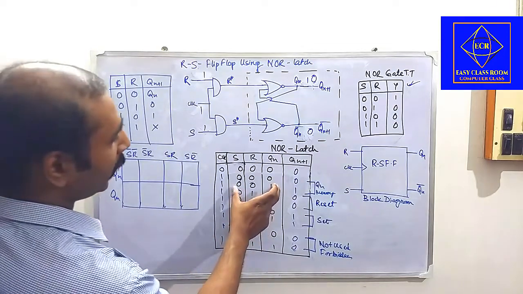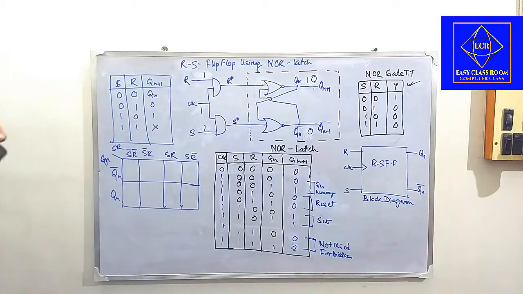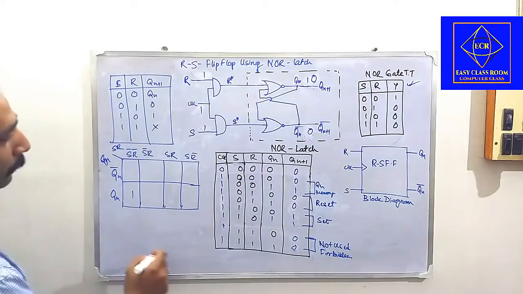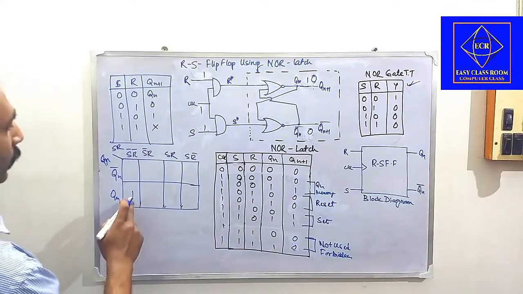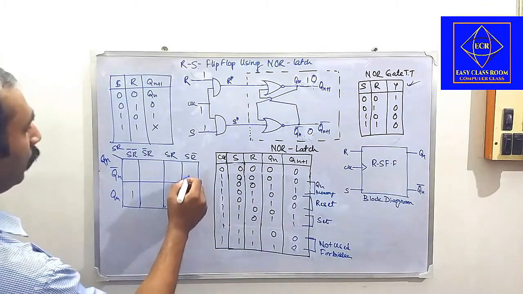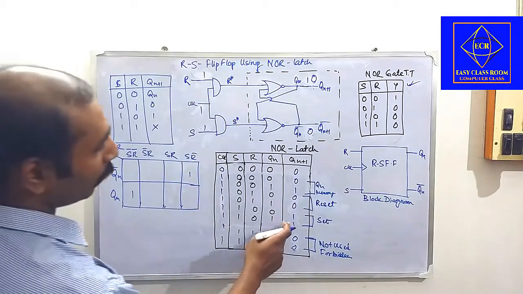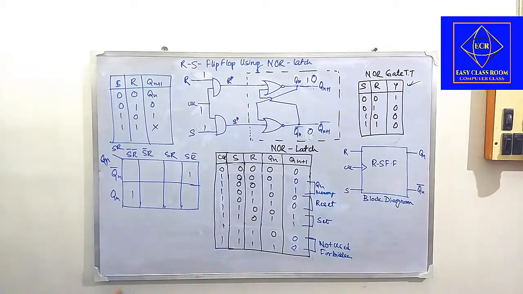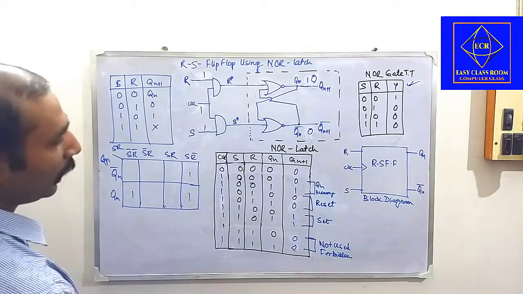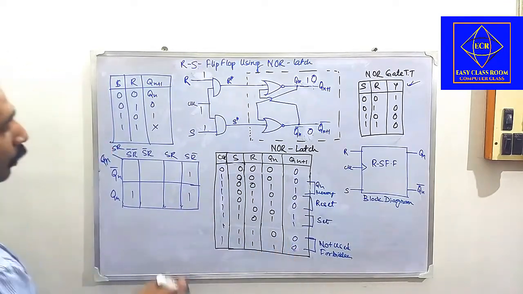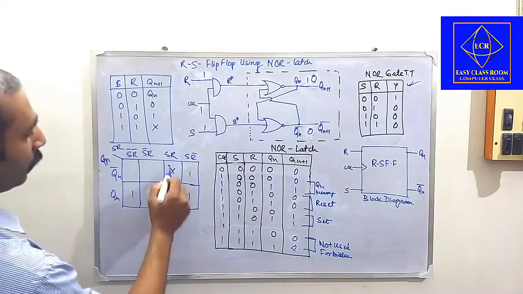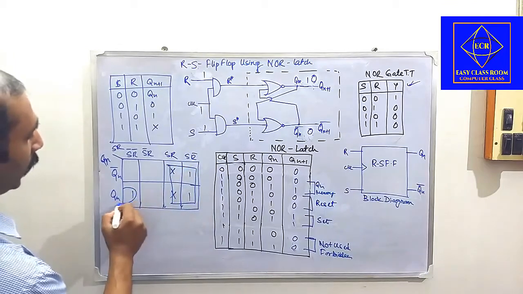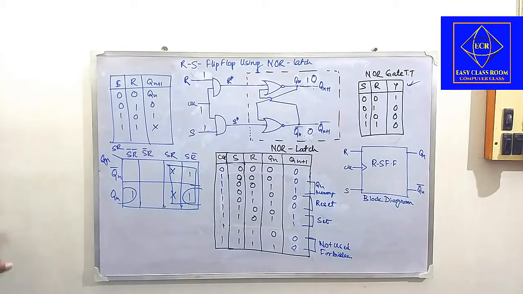From here we get S bar R bar Qn, and from here S R bar Qn bar. Here it is S R bar Qn. These two we can complement, and we will take it as don't care. So from the previous, if we keep this and this, what will we get?